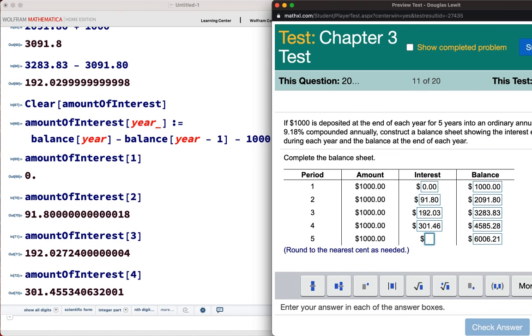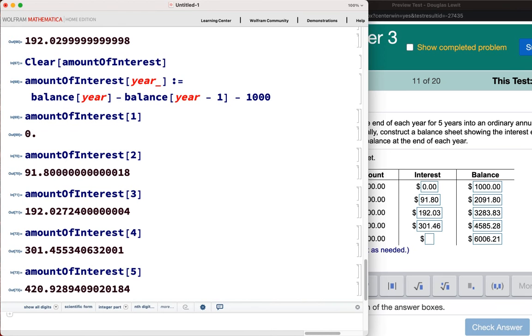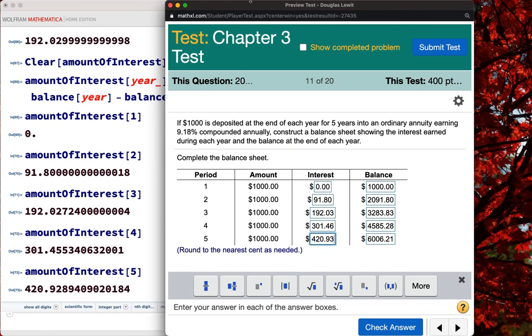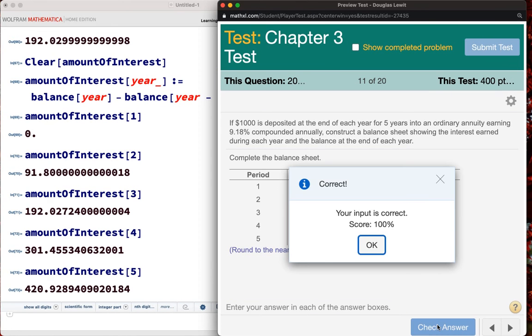And that last number should be amount of interest 5. That should be $420.93. And I'm pretty sure these are correct. It makes a lot of sense that these numbers would be correct. Your input is correct, score 100%.